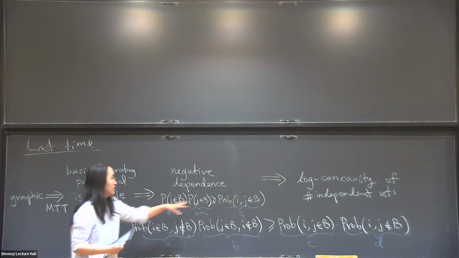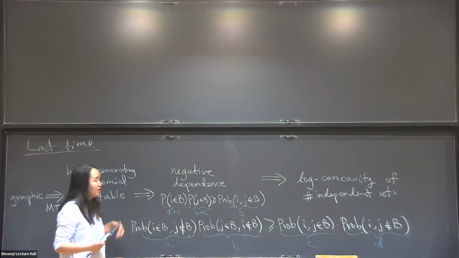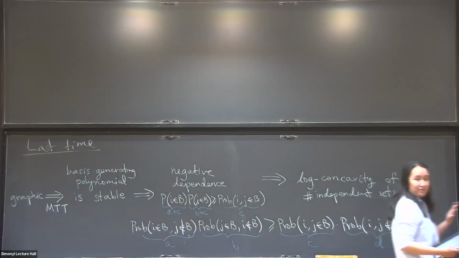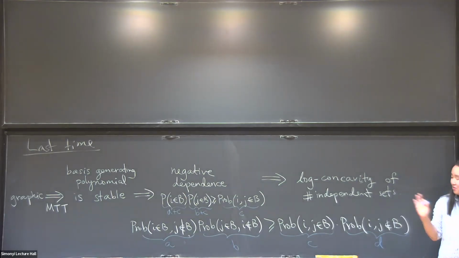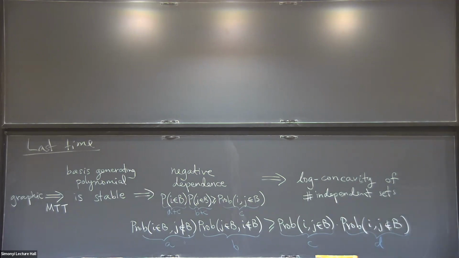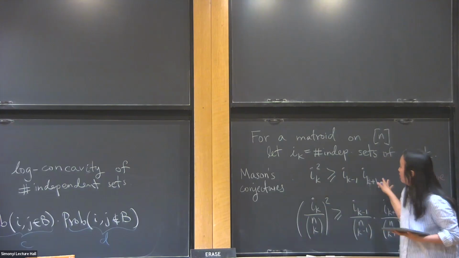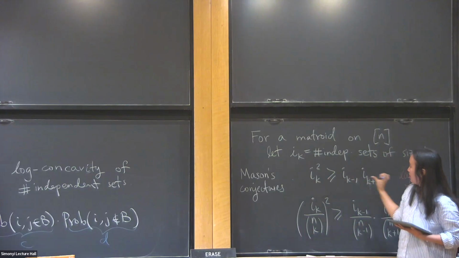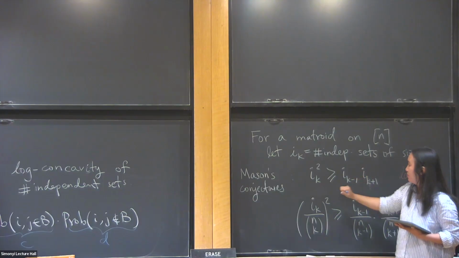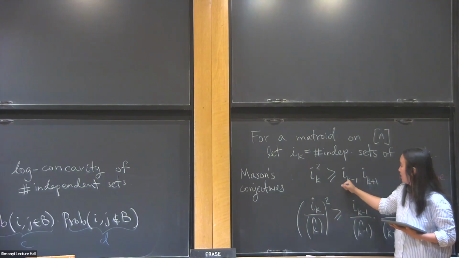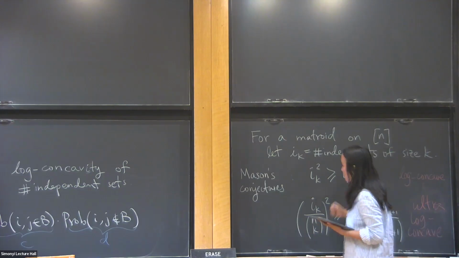Now we're going to do this second thing. Assume that we do have negative dependence for all matroids. It's not true, but it's something that you do. To get the log-concavity, first you can reduce it to this log-concavity. First, let's just look at the case where I'm looking at the end of my sequence, meaning k plus 1 is the rank and k is rank minus 1.